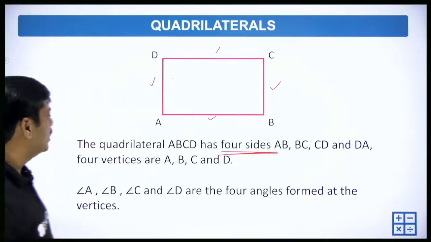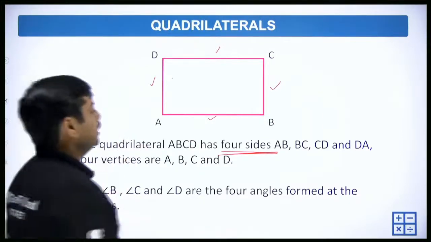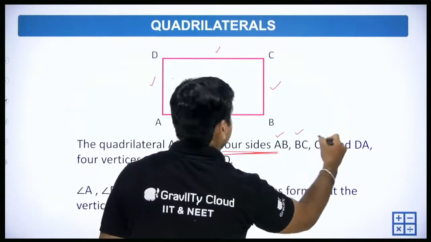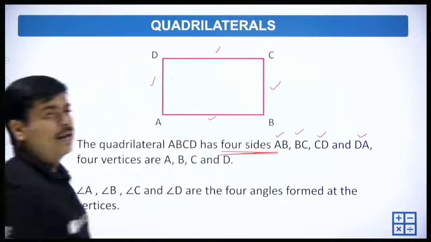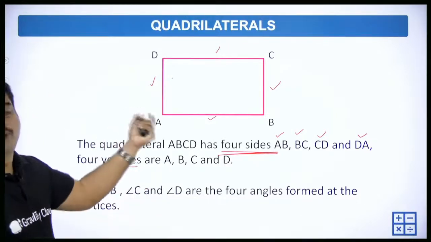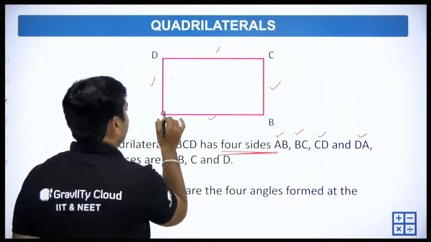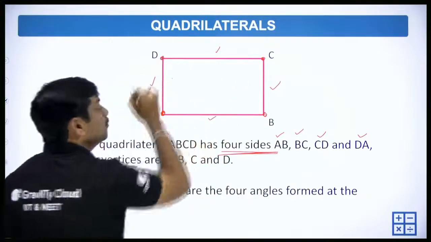Now, the quadrilateral ABCD has four sides: AB, BC, CD and DA, and four vertices. What do we mean by vertices? The exact corner points. This corner point we write as A, this is B, this is C, and this is D. These are the four vertices.